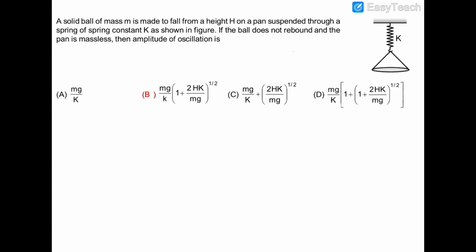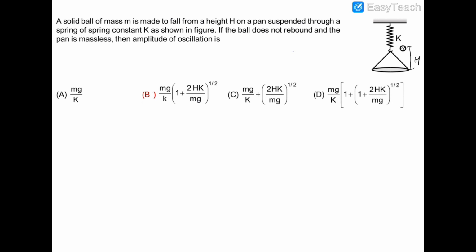In this question you can see that there is a solid ball of mass M which is made to fall from a height h on this pan. So this is a solid ball, and it is made to fall from height h on this pan, suspended through a spring of spring constant K. If the ball does not rebound and the pan is massless, then the amplitude of oscillation would be.